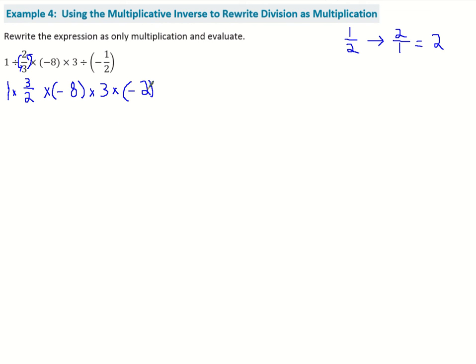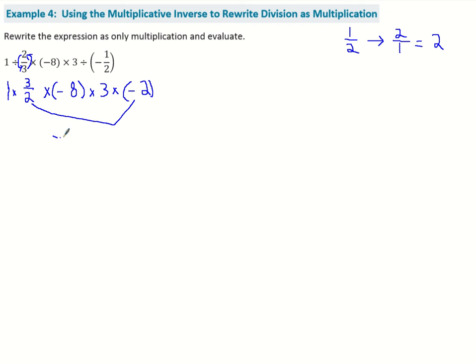Hey, would you look at that? There's a -2 right there. It's not the same as a 2, but it'll still get the job done. So I'm going to multiply these two together first. My 1 times, well, here's the good news: multiplying anything by 1, it's going to be the same. So we can get rid of this immediately.